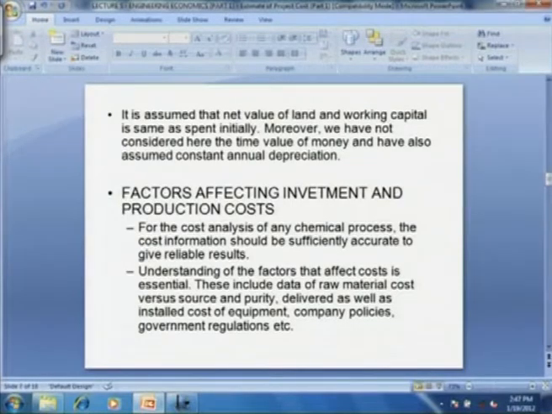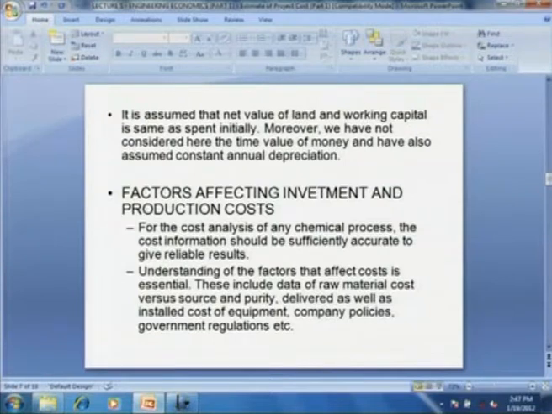Let us see some factors that affect the investment and the production cost. When a chemical engineer determines the cost for any type of industrial process, these costs should be of sufficient accuracy to provide a reliable decision. To accomplish this, the engineer must have a complete understanding of many factors that affect the cost.